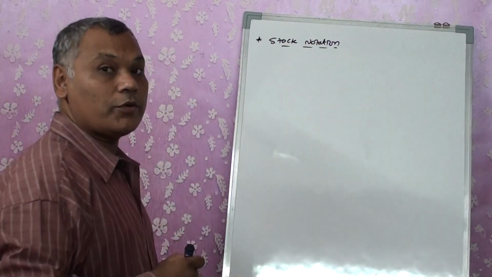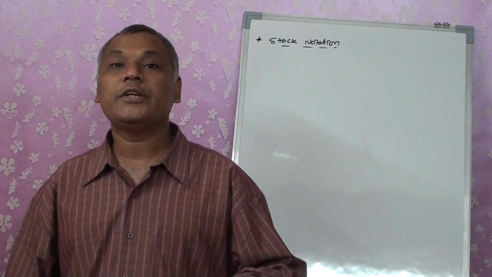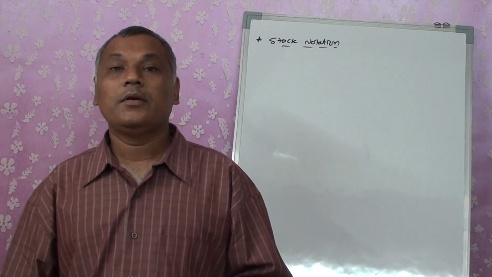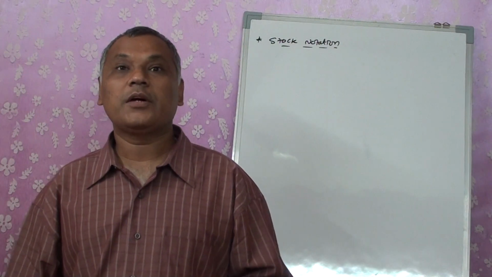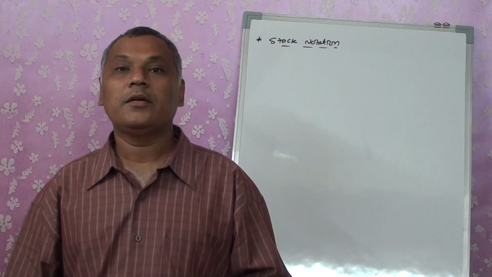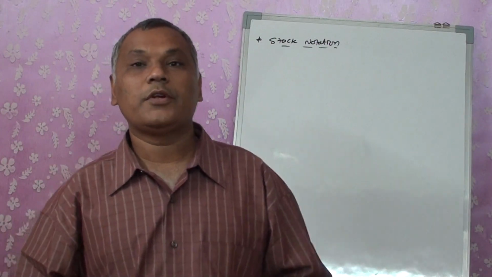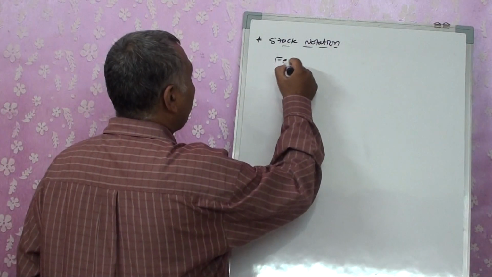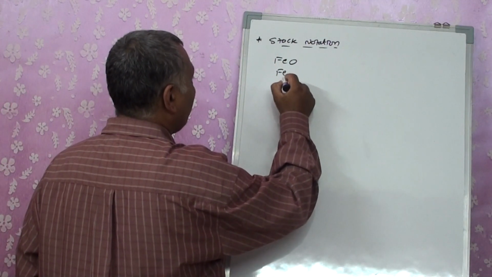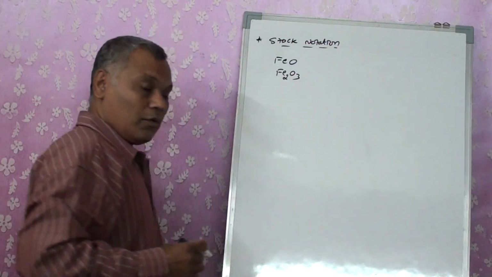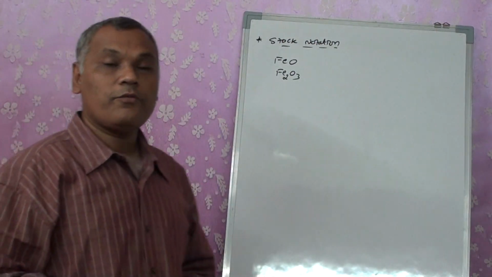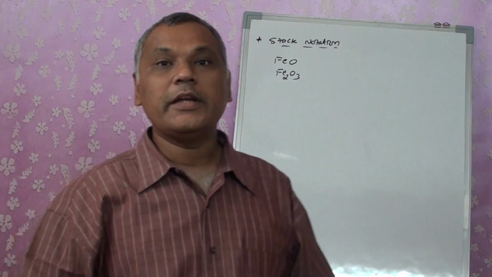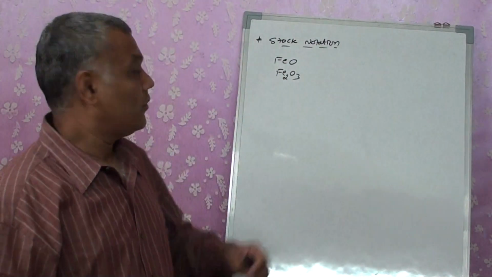Now, this is particularly used for those compounds which have more than one oxidation number, right? But still, when we see the compound, the name is written the same. For example, if I am writing FeO or Fe2O3, for both of them, in a very simple way, initially the name was written as iron oxide.